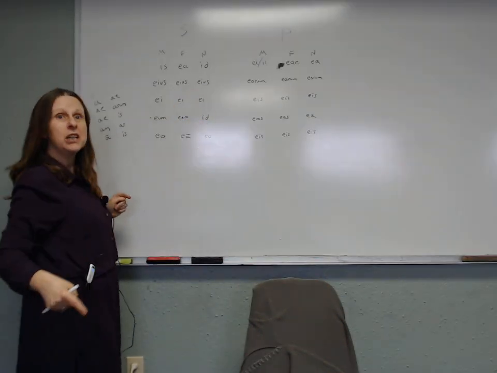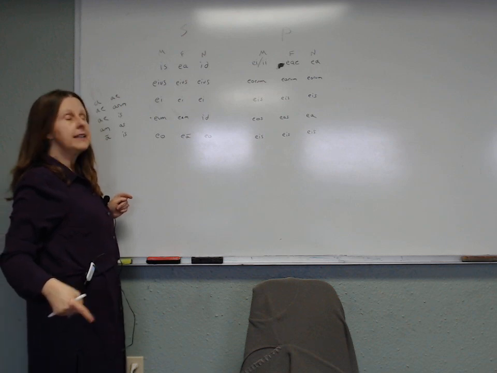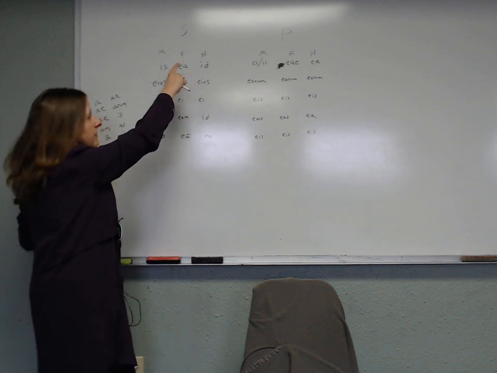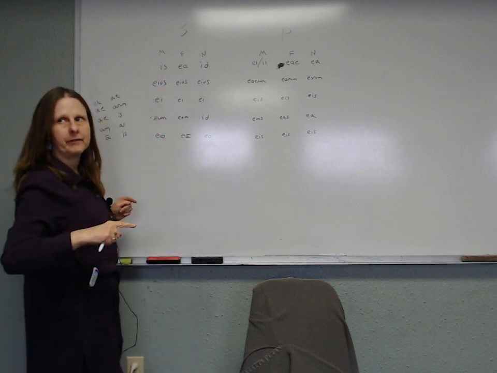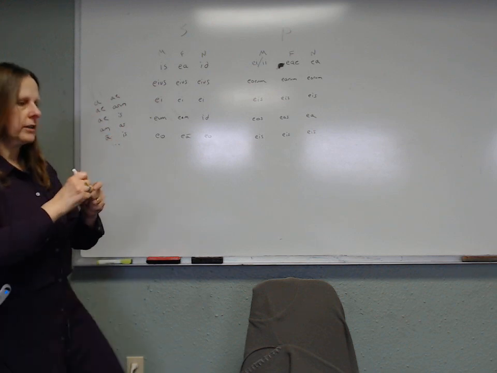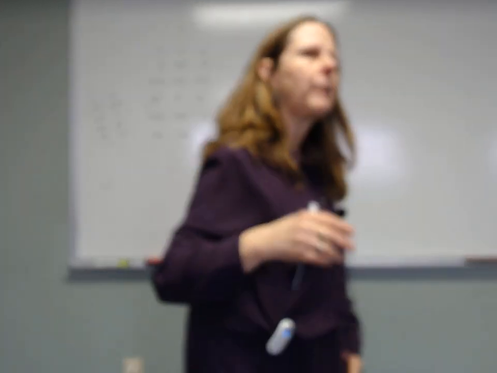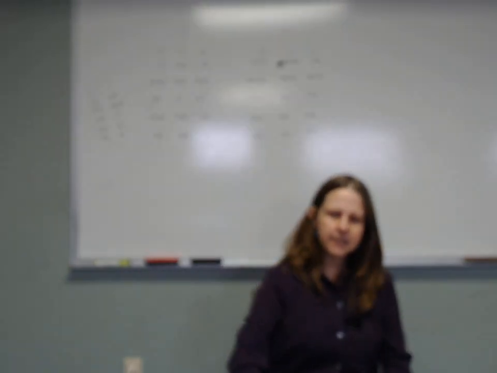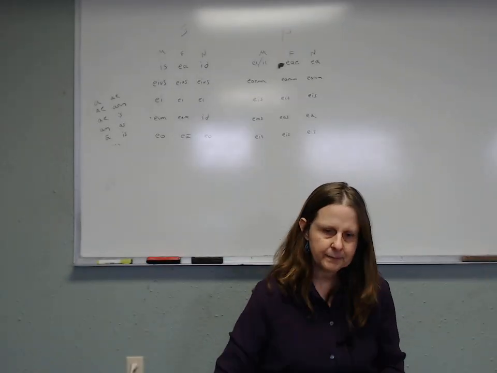Basically, it's a letter E with the ending on it. Not for all of them. There's some different, but for a lot of them. If you've learned your noun endings, you've learned a lot of them. Okay, well, let's see how we might tackle this exercise. This is a much better use of our time. Okay?